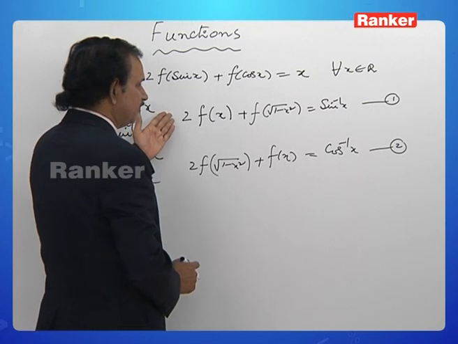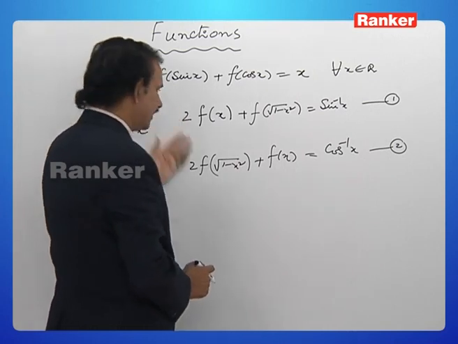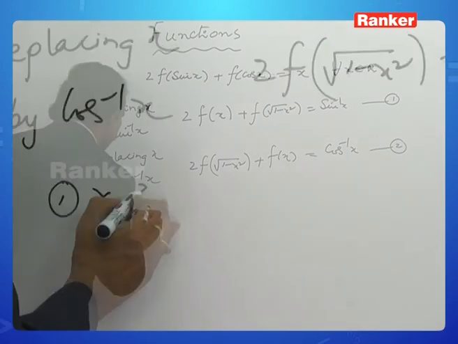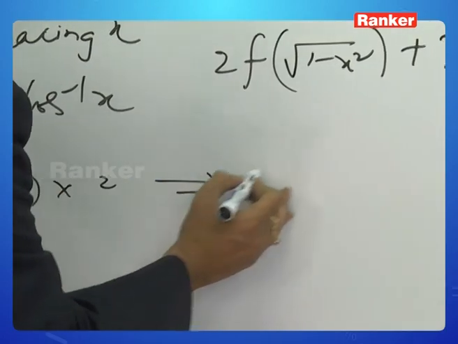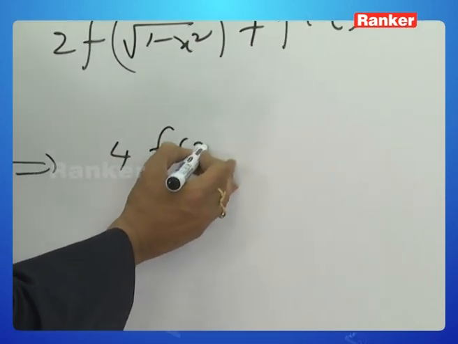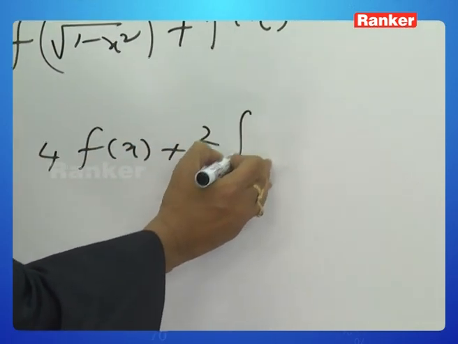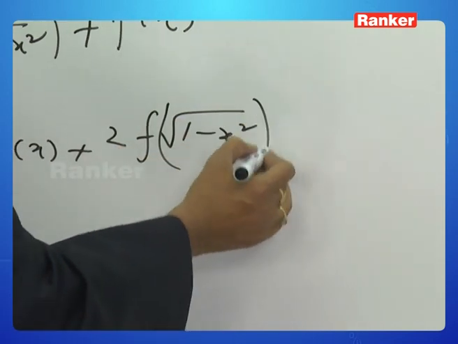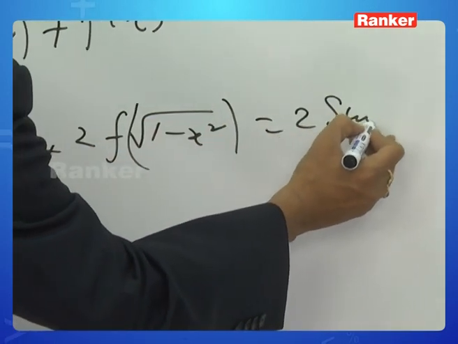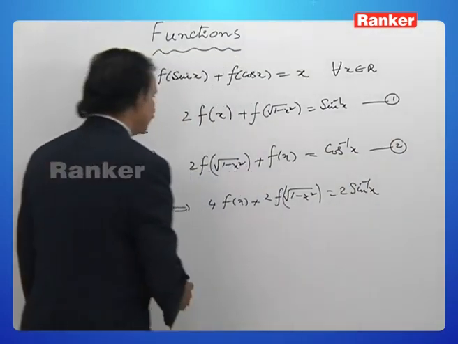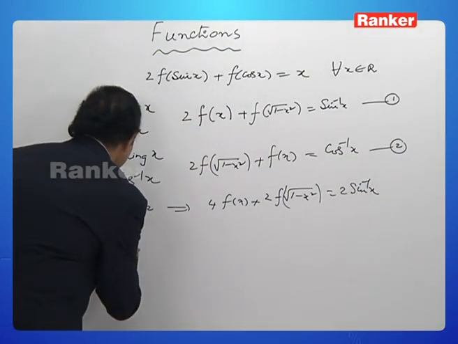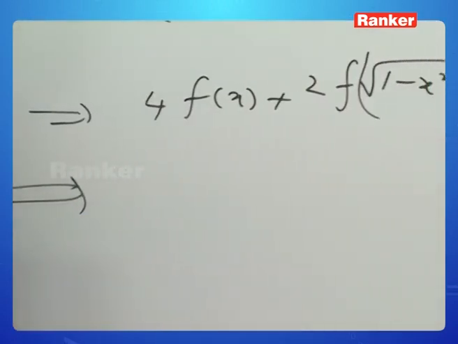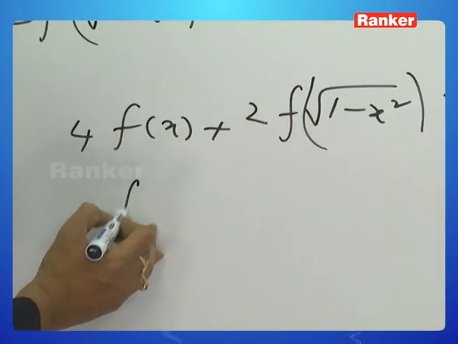Multiply the first equation with 2. What happens? Let us see. First equation into 2 implies 4 into f of x plus 2 into f of root 1 minus x square is equal to 2 sin inverse x. And do not do anything about the second equation. What does that second equation say?